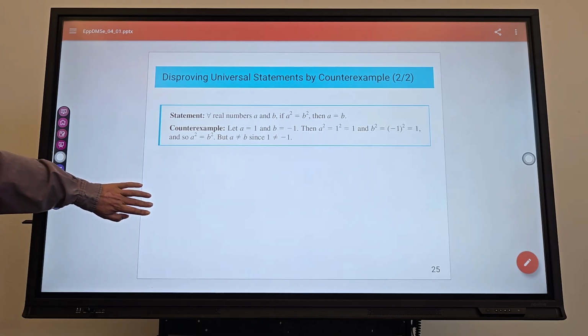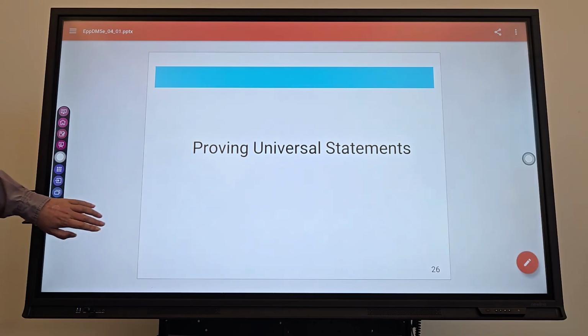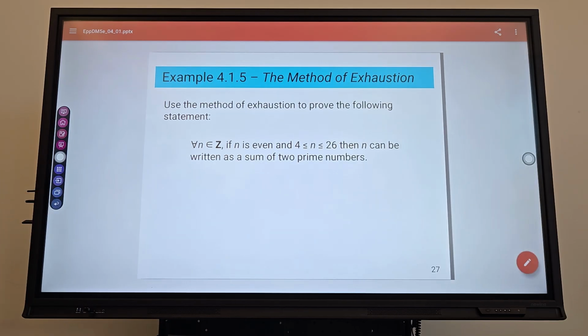So, proving universal statements. Use the method of exhaustion to prove the following statement. For all n in the integers, if n is even and n is between or equal to 4 and 26, then n can be written as the sum of two prime numbers.